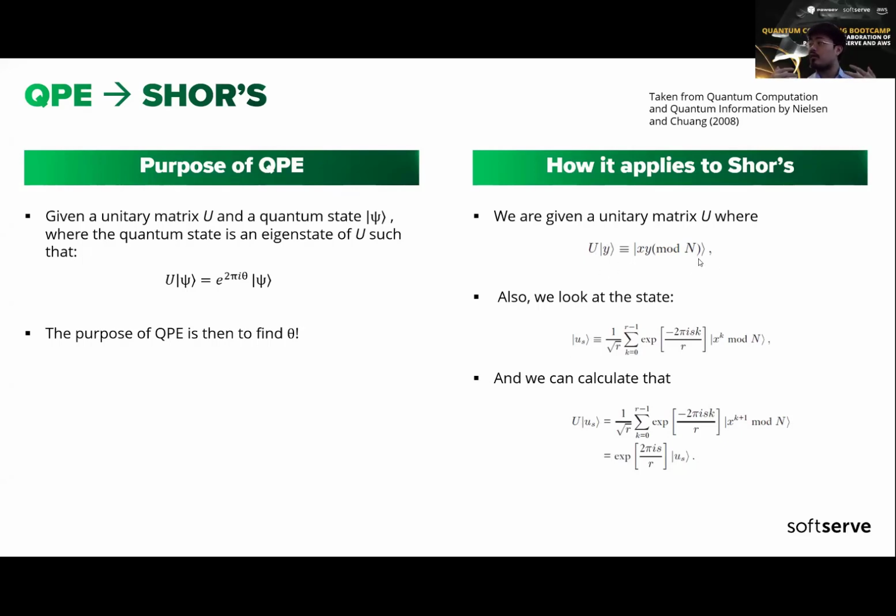They find a smart way of constructing an eigenstate of U, and we find that the eigenvalue is e to the 2 pi i s over r. So the purpose of QPE when applied to Shor's algorithm, specifically to this eigenstate, is that we can find the value of s over r.